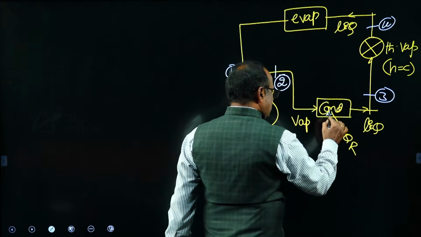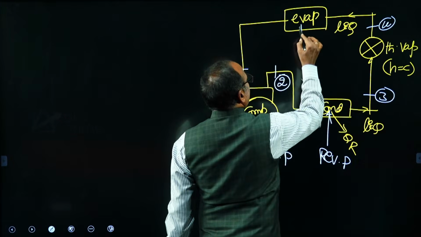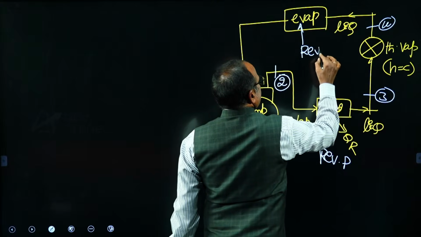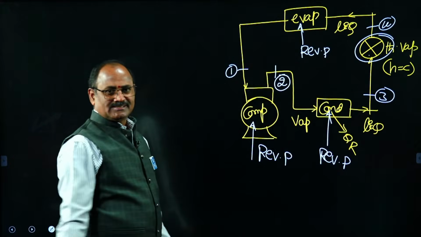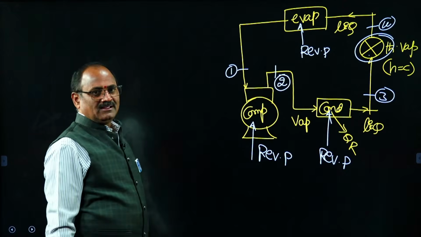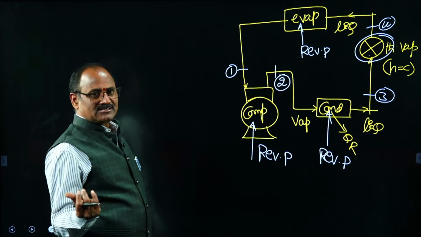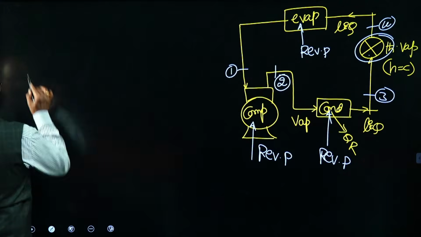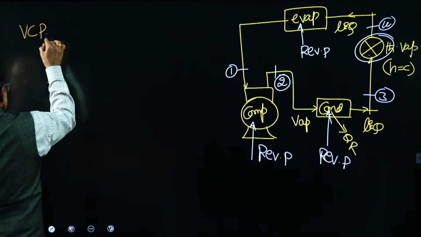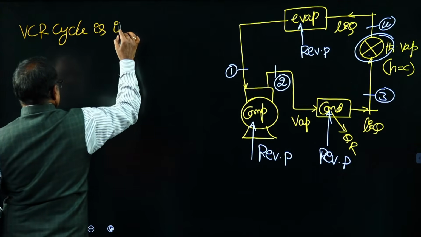The process with the condenser is a reversible process. The process with the evaporator is a reversible process. But the process with the throttling device is an irreversible process. That means one of the processes in the vapor compression refrigeration cycle is irreversible. Therefore, the VCR cycle is an irreversible cycle.